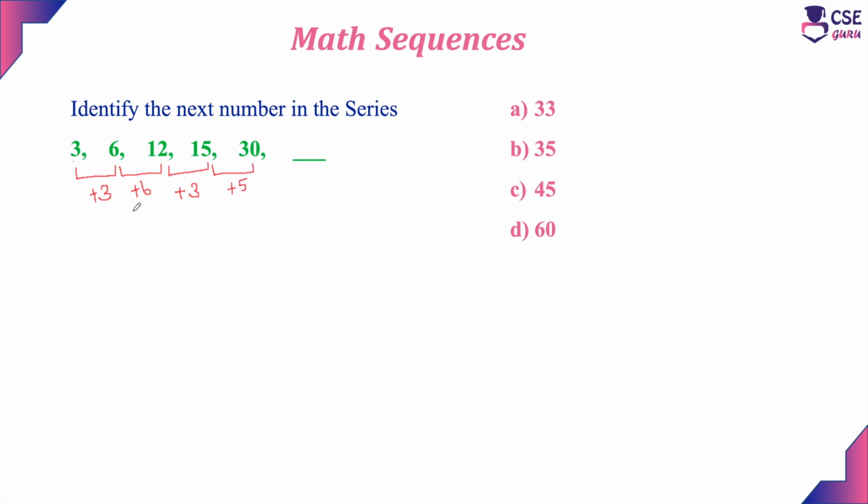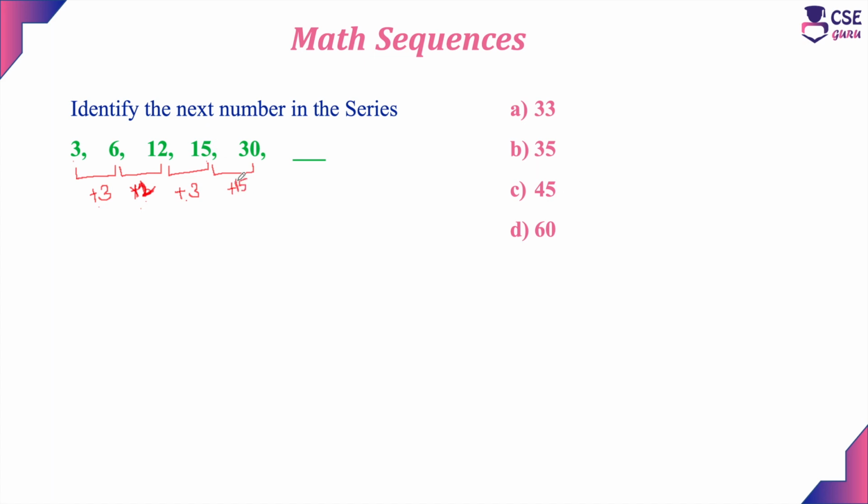So if we are identifying the addition difference, we won't find any clue here. Okay, so we can consider another clue. Instead of this plus 6, we can consider this as into 2. So the difference between the first and second term is plus 3. Second and third term is into 2. Third and fourth term difference is plus 3 only.